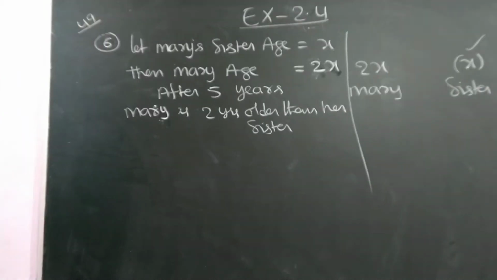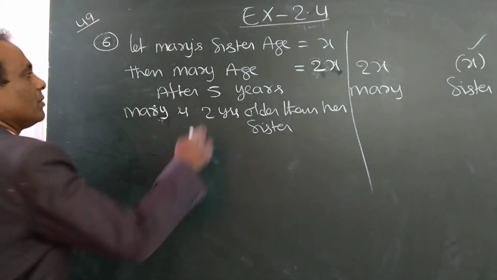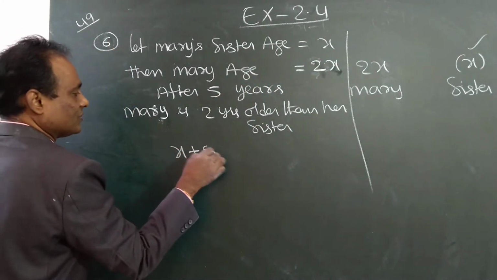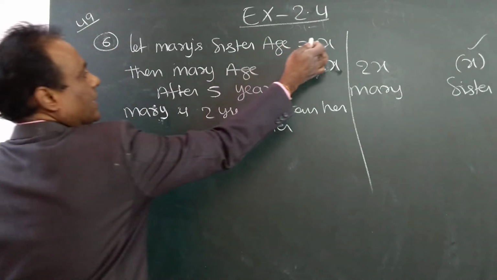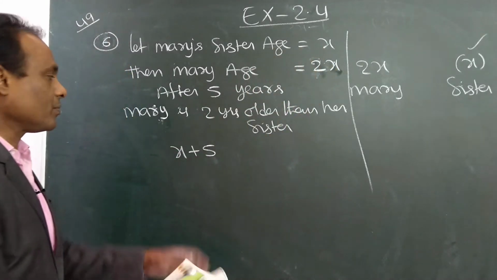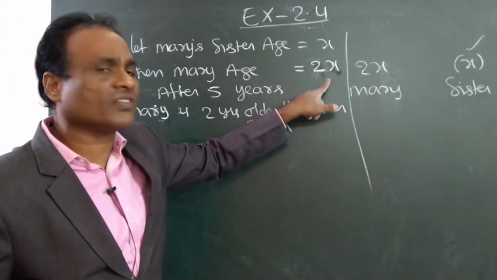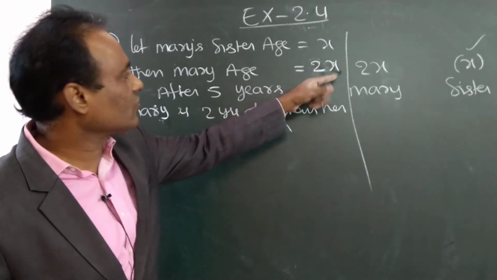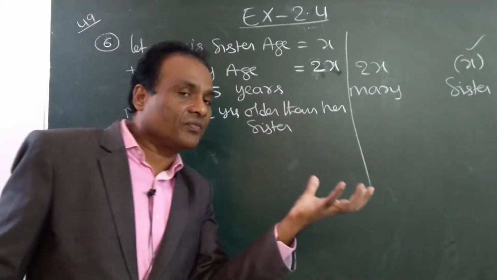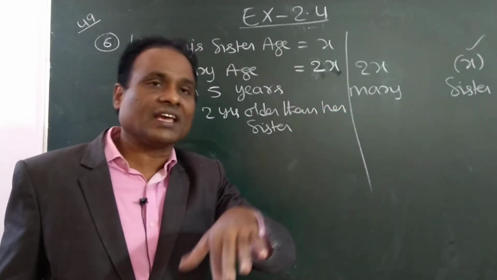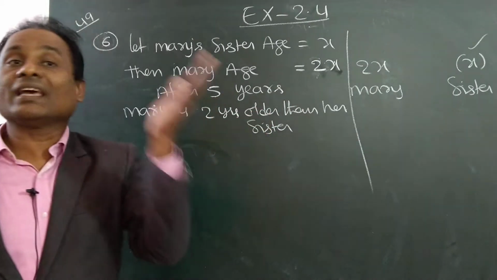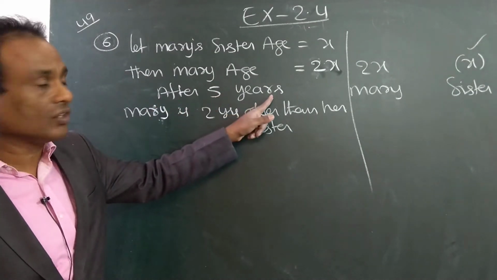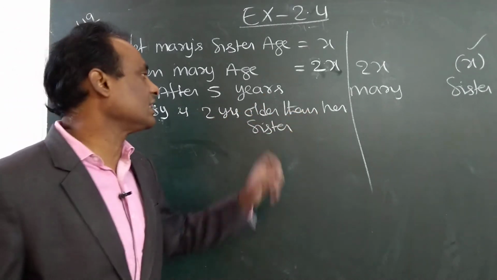See how to represent it. After 5 years, the sister's age will be x plus 5, Mary's age will be 2x plus 5, because present ages are like this and after 5 years their ages increase by 5. If she is 10 years old presently, after 5 years she will become 15.